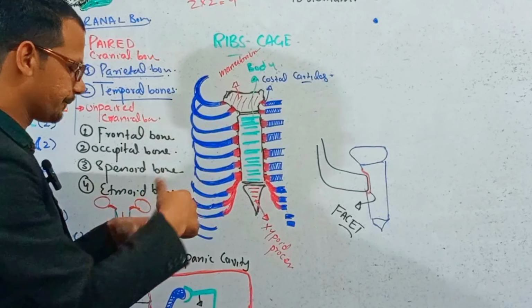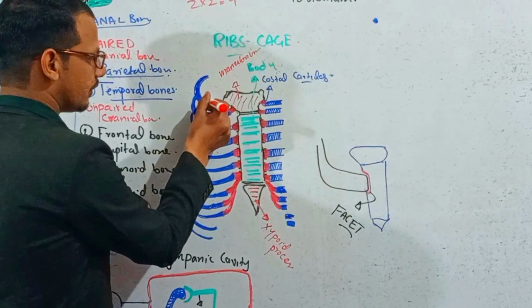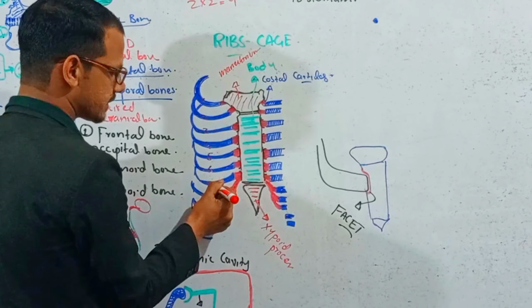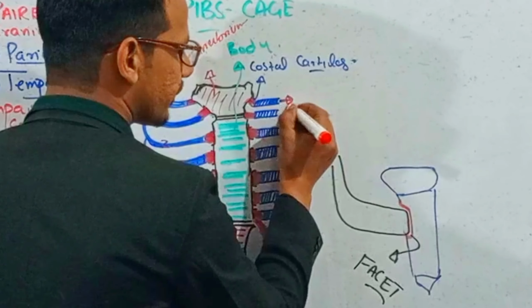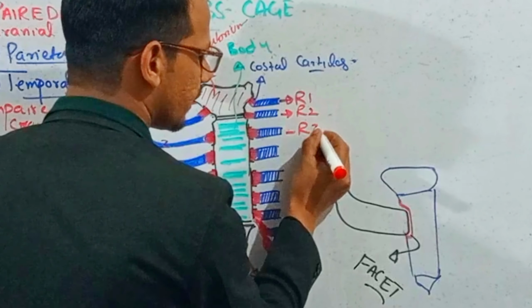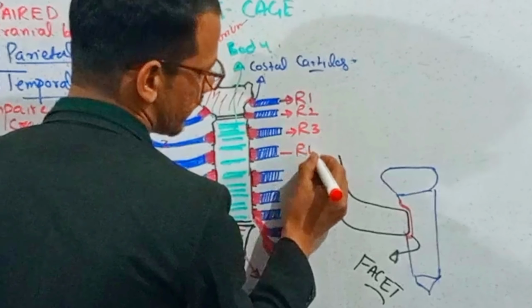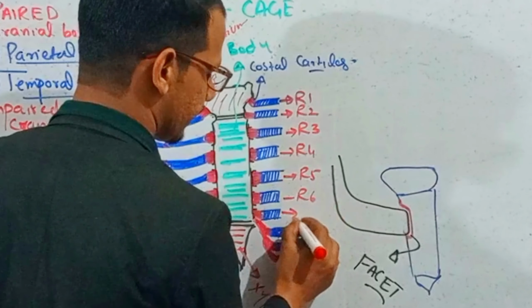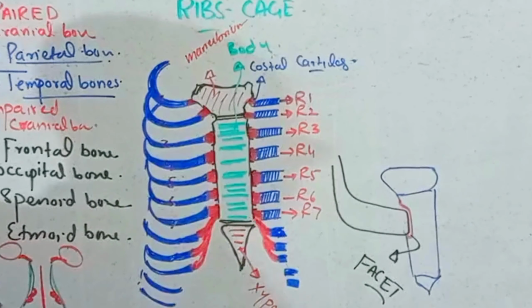So these are the first ribs, 1, 2, 3, 4, 5, 6, 7, right? For example, this is R1, this is R2, this is R3, this is R4, R5, R6, R7. These are the first 7 ribs.